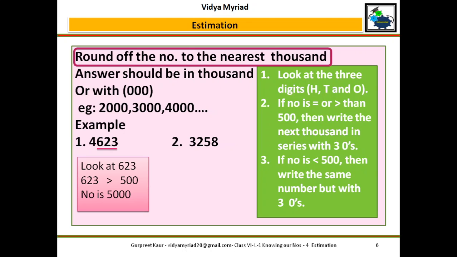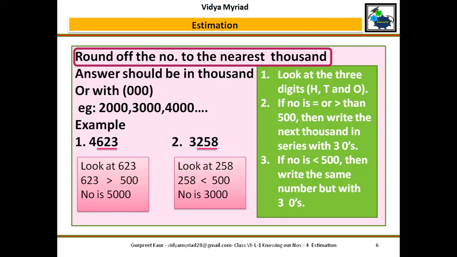Same way, if I look into 3258, where will I look? I will look into 258. So my answer should come either in 3000 or it should come 4000, because I need nearest 1000. So what I will do here is, this 258 is less than 500.